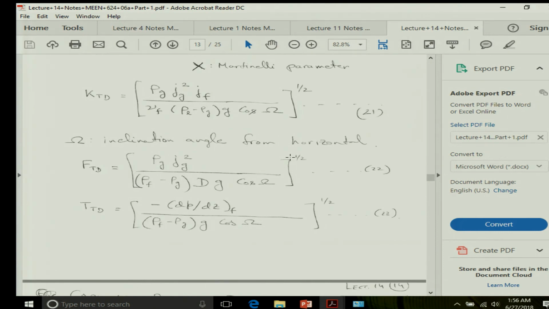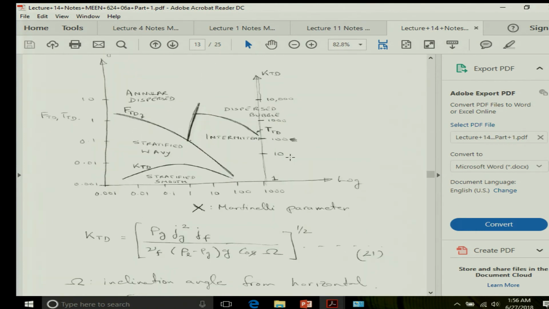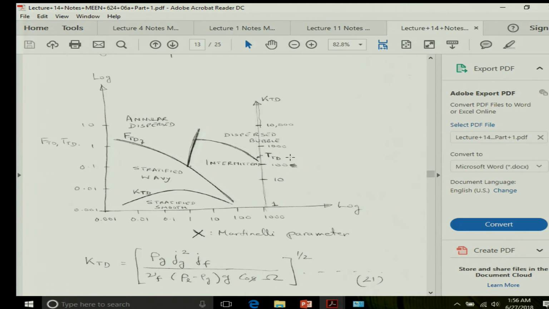Okay, and so these are still similar to the momentum and pressure drop parameters, but they are modified momentum and modified pressure drop parameters. And based on these modified parameters, they were able to generate a map where they could go from dispersed bubble flow to intermittent churn flow to stratified flow to stratified wavy flow, annular flow, and which regime your pipe is in is determined by what the value of FTD, KTD and TTD is.